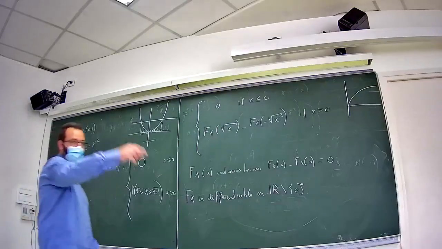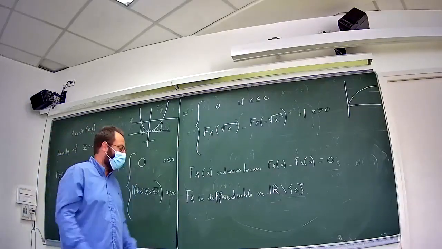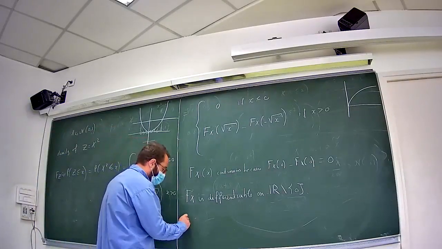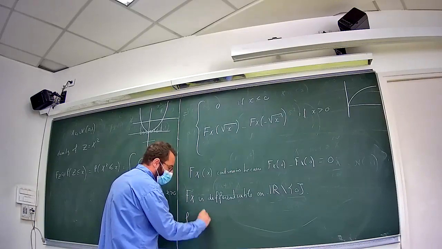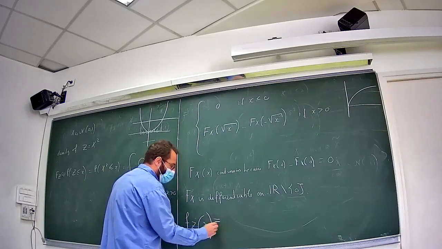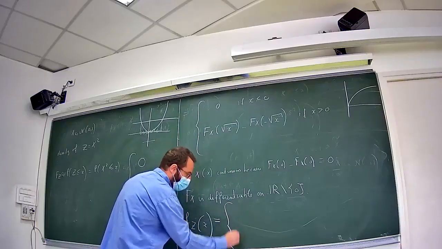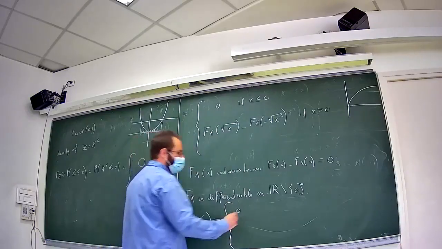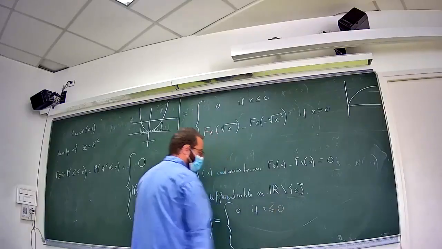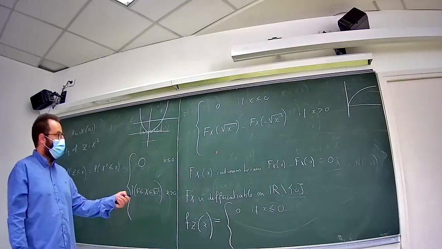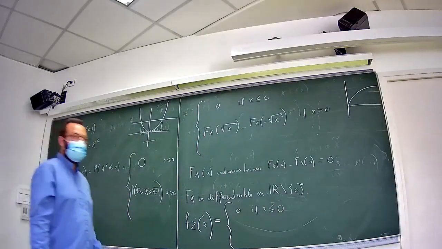So using proposition 12, the slide, I can say that the density function of z at the point x is equal to what? Two things. 0 if x is negative, and equal to the derivative of this one when x is strictly positive.